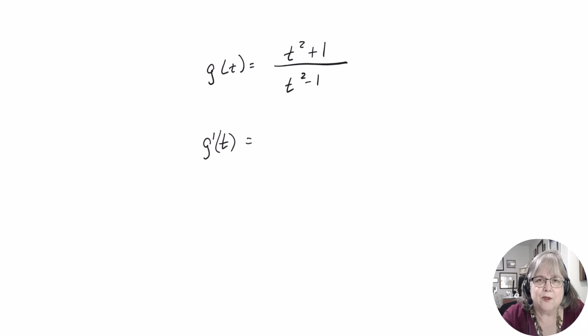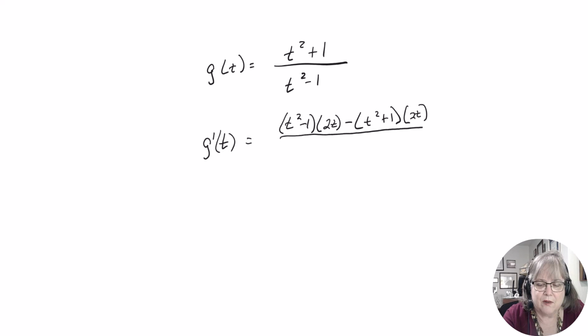So you start at the bottom. It's the bottom times the derivative of the top, which, the derivative of t squared plus 1 is 2t, minus the top times the derivative of the bottom, and the derivative of t squared minus 1 is 2t, all over the bottom squared.